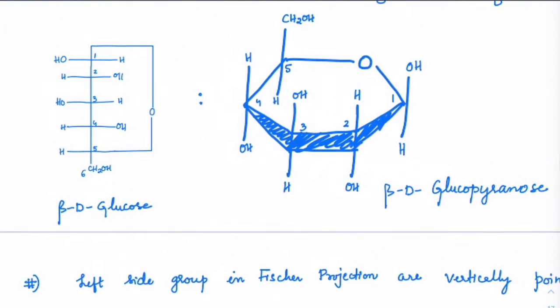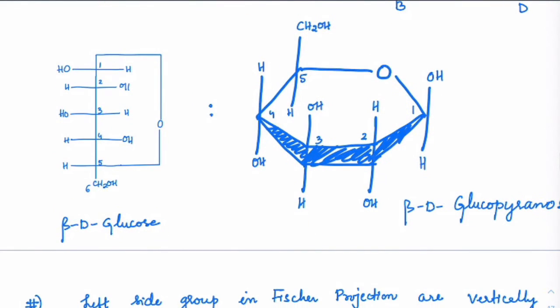So you can check out if it is beta D glucose. If this is beta D glucose, I will convert it into this Haworth projection form. I'll show you one. Check out carefully. Don't write anything. Just keep your eyes open and watch carefully. This is carbon 1. On the carbon 1, whatever is on the left hand side is going up.